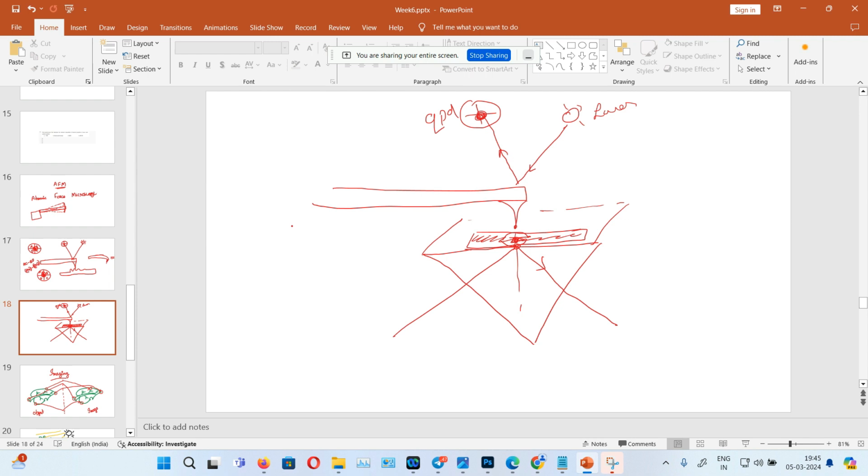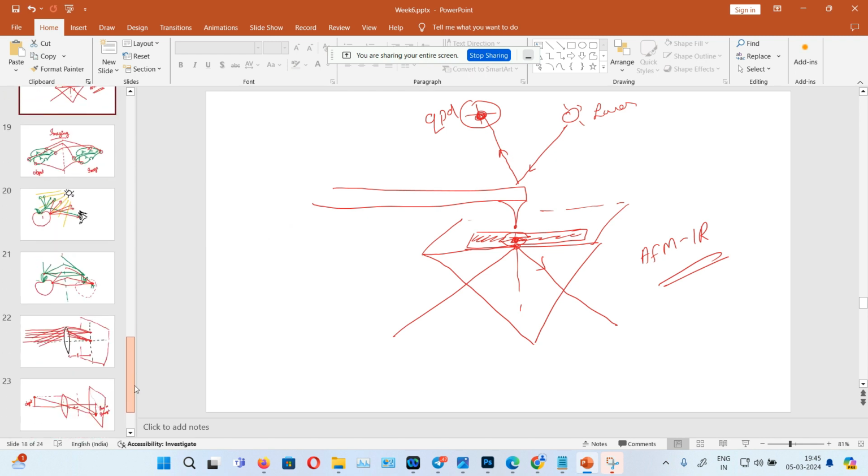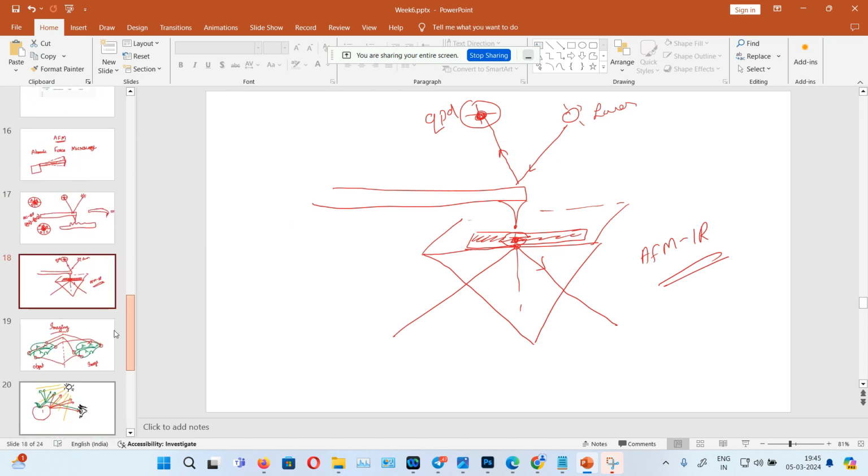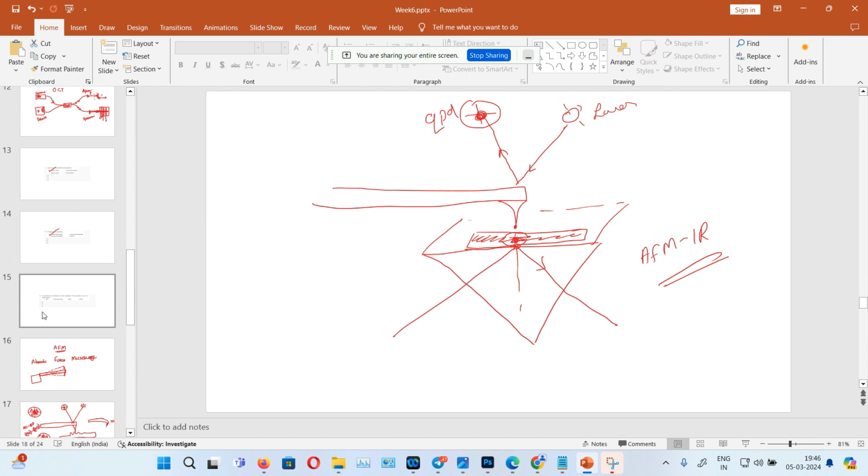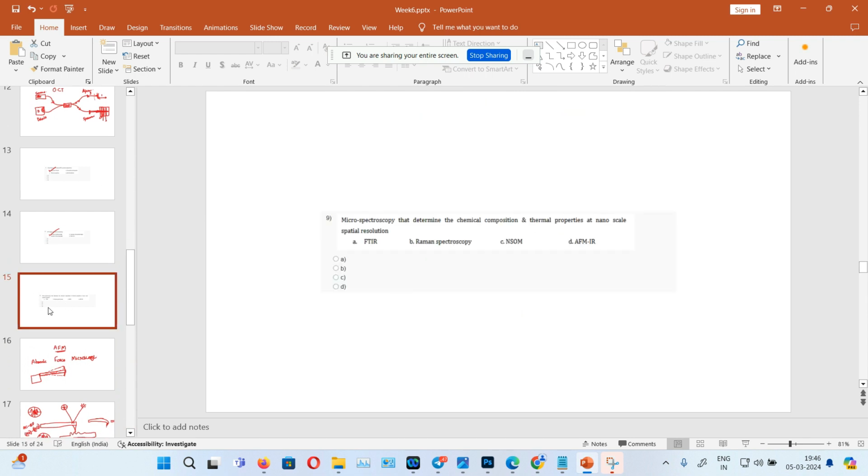So this experiment is called AFM-IR. So here the answer is actually AFM-IR.